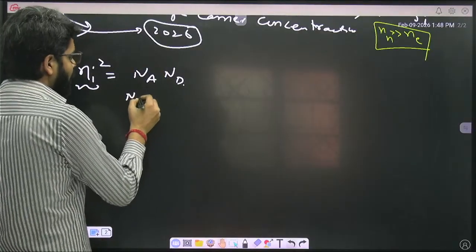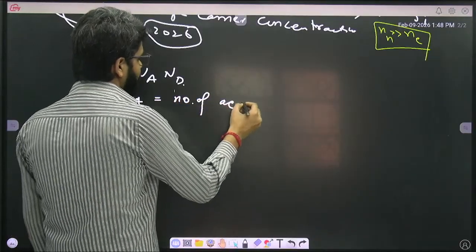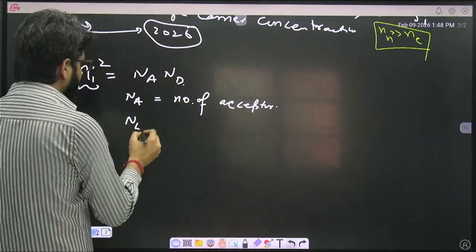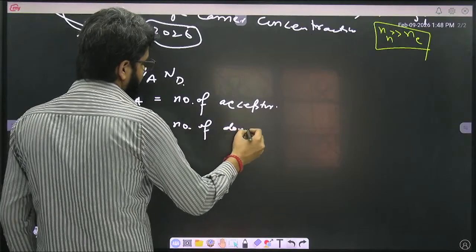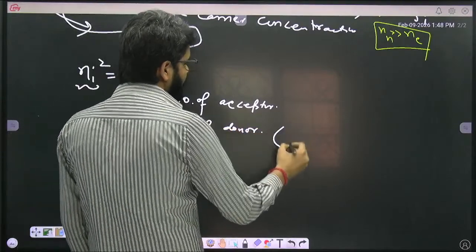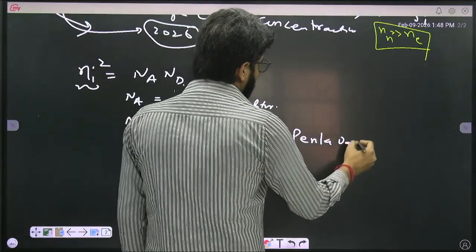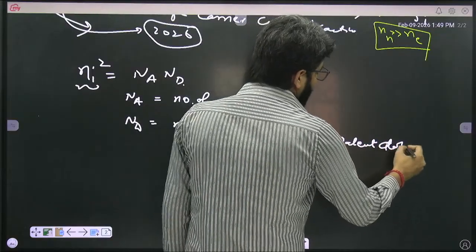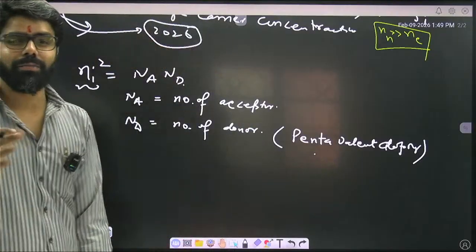Na is equal to number of acceptor, and Nd is equal to number of donor. When is it the number of donor? For pentavalent doping. I wrote an example, the number there, that suppose 12 into 10 to the power something was there.